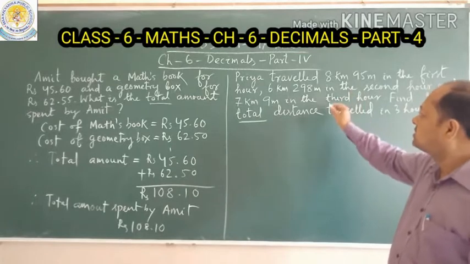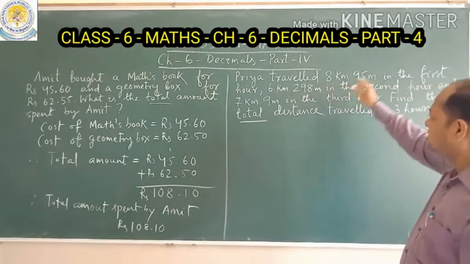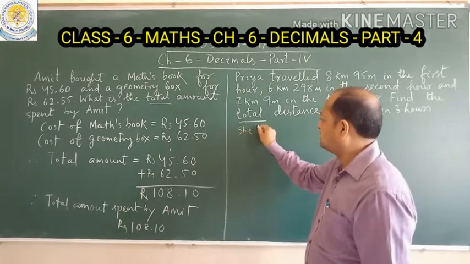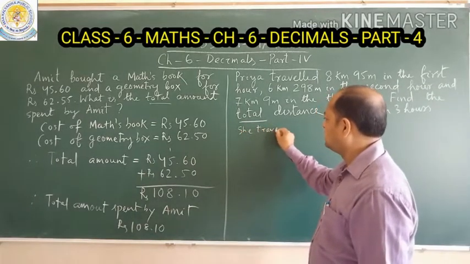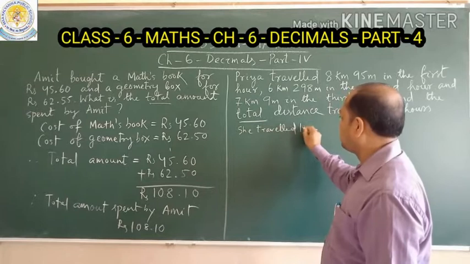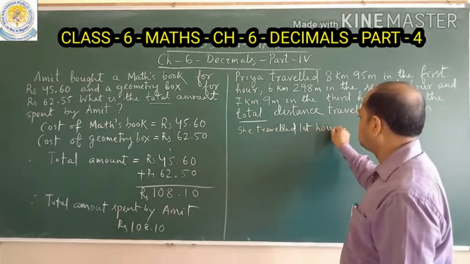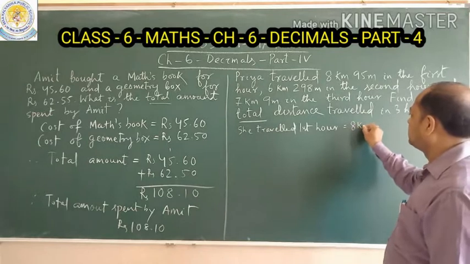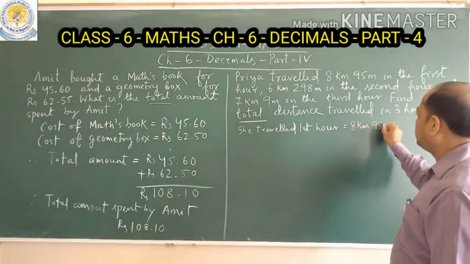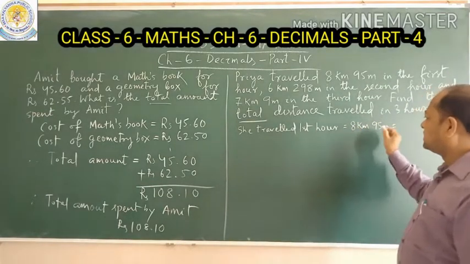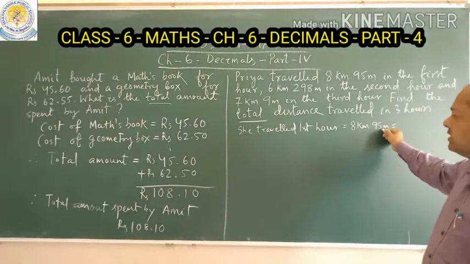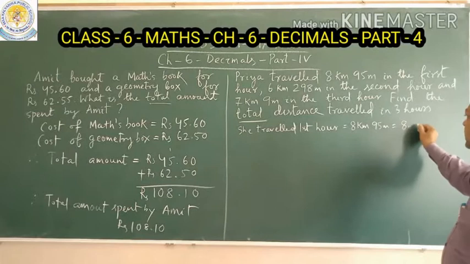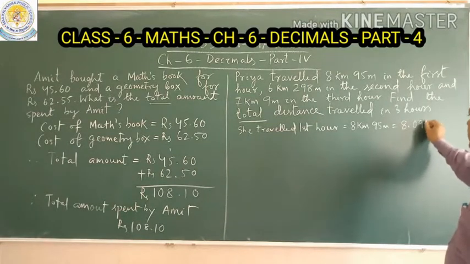First, she traveled 8 km and 95 meter in the first hour. Here 95 meter can be written as 8.095.